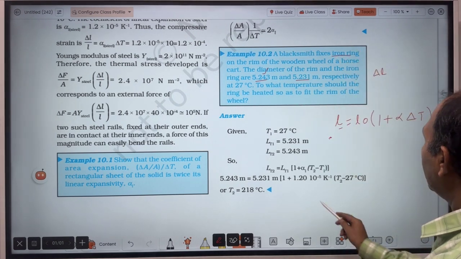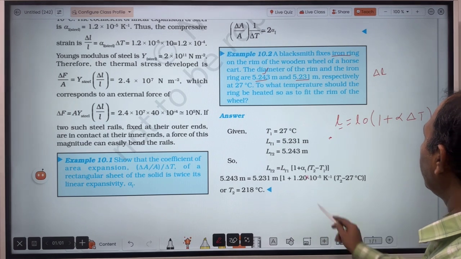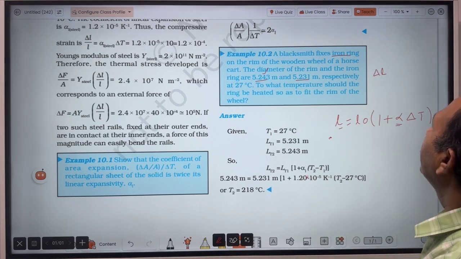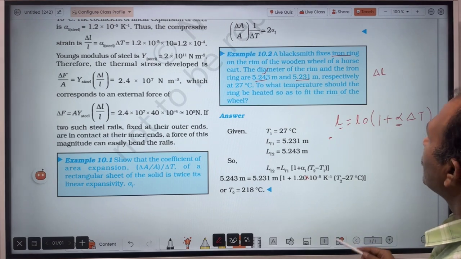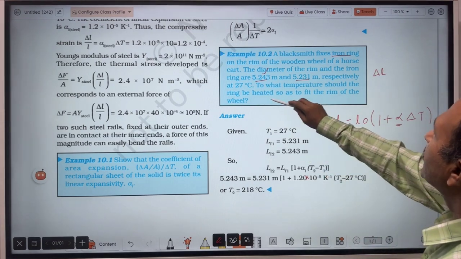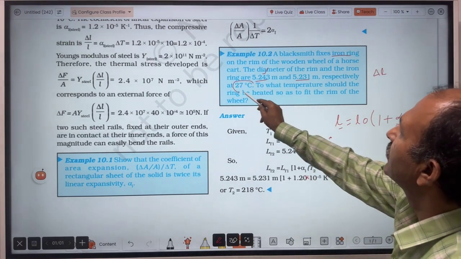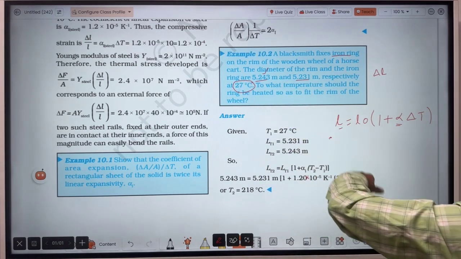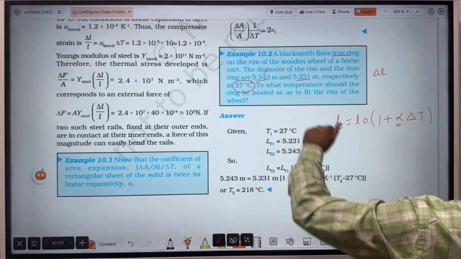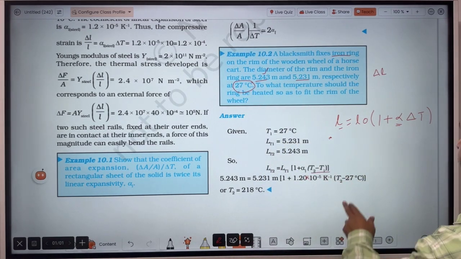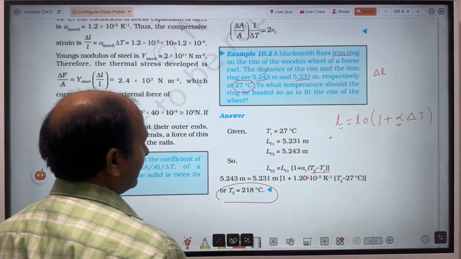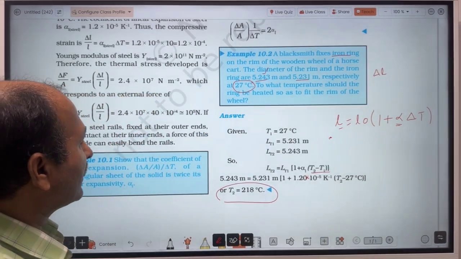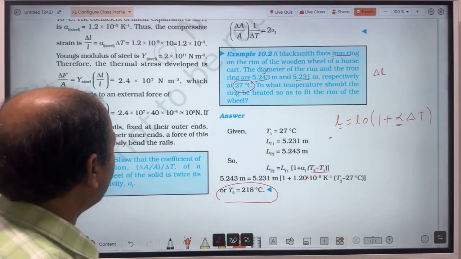For iron, it is 1.2 into 10 to the power minus 5. And then delta T means change in temperature, the new temperature minus the temperature in the beginning, so T minus 27. Then we simplify, and after simplification we get T equal to 218 degrees centigrade.